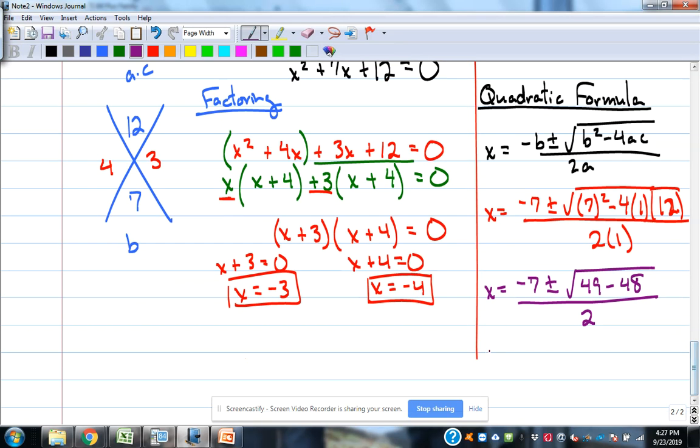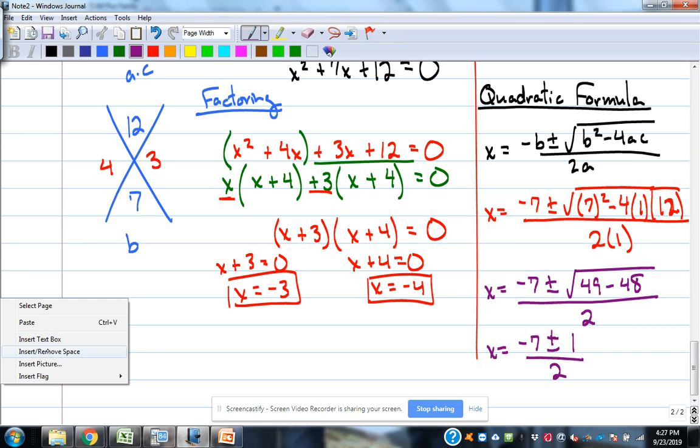So that means that's going to be negative 7 plus or minus the square root of, what's 49 minus 48? 1, right? What's the square root of 1? 1. So now I have this mumbo jumbo going on down here, and I've got to just break that apart and say, okay, what's negative 7 plus 1?